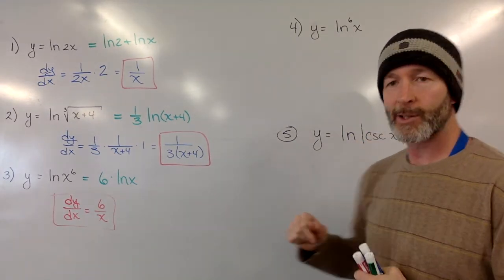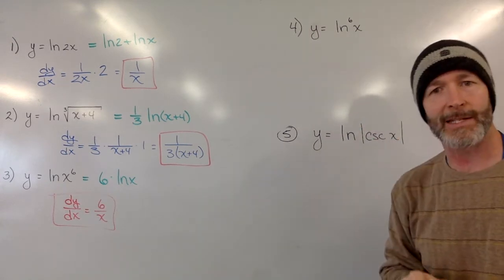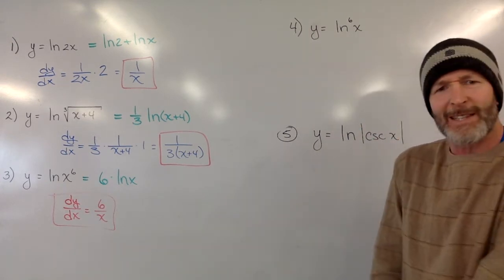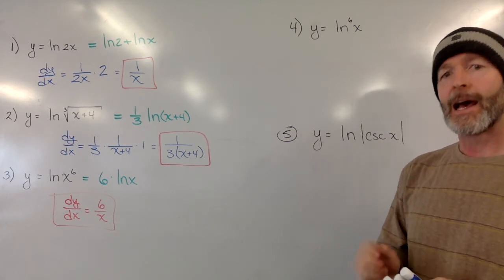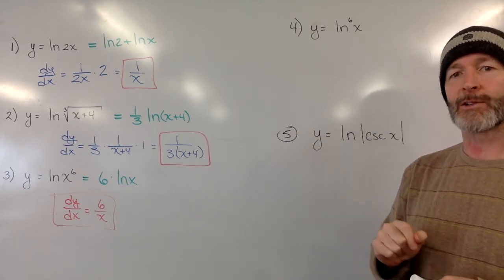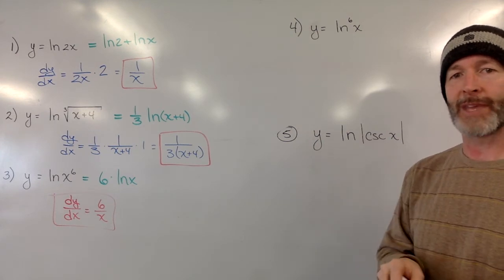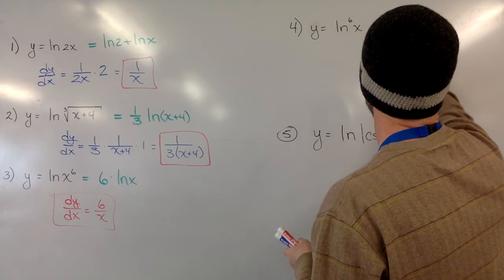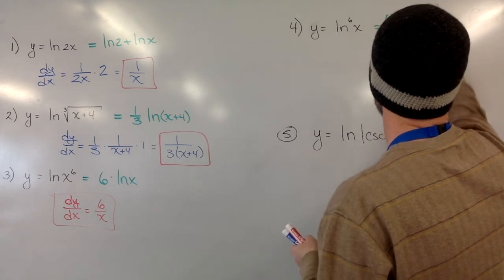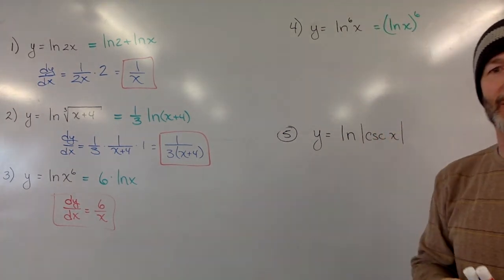Just to show a counterexample to that, please realize number 4 looks very similar. It's to the 6th power, it has a log, and it has an x. However, that is not the natural log of x to a power. That is equivalent to the entire logarithm to the 6th power.